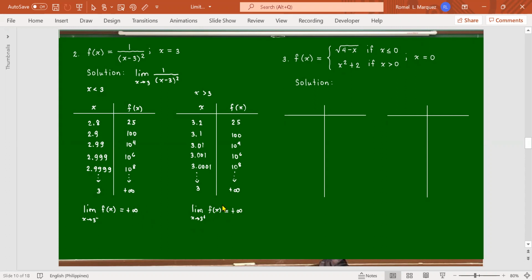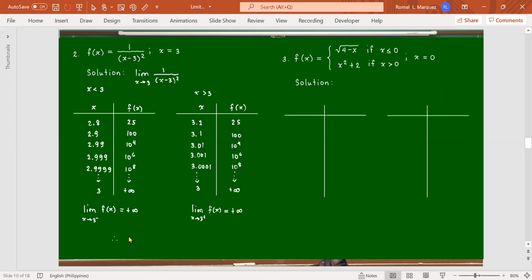Now, this means that these limits do not actually exist, because this positive infinity and this other positive infinity are not real numbers. But specifically, it means the values keep growing on both sides.